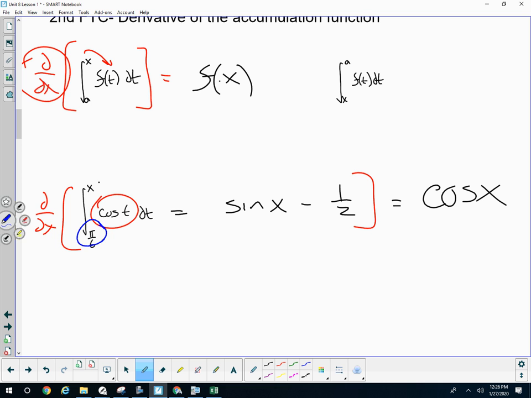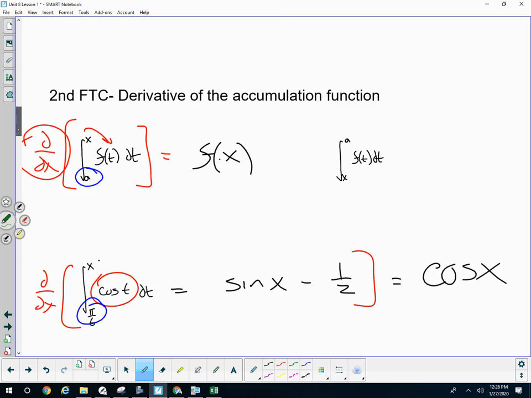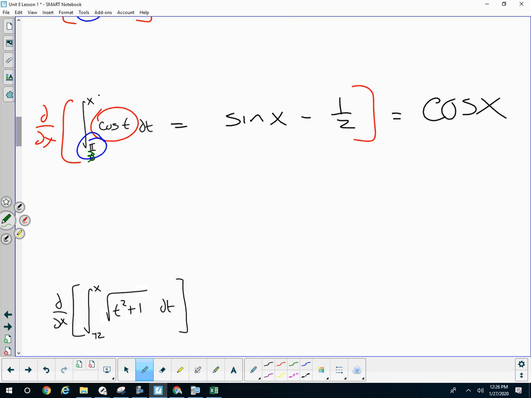What happened to this pi over 6? And what's going on with this a? Hold on. If I changed this from pi over 6 to pi over 3, would my derivative change?